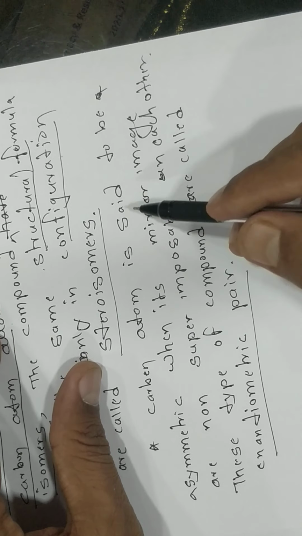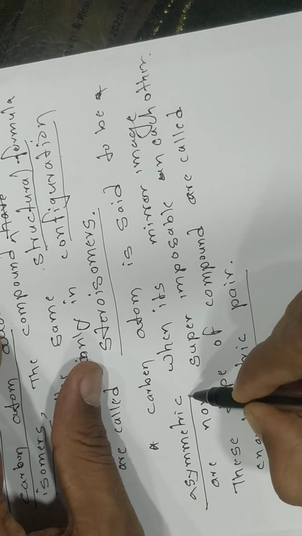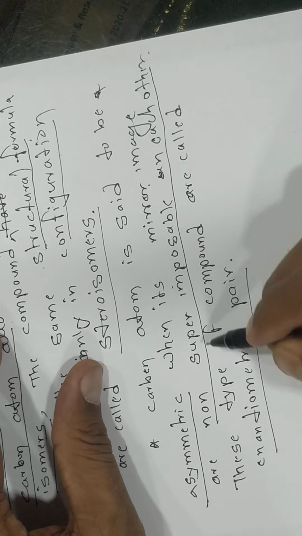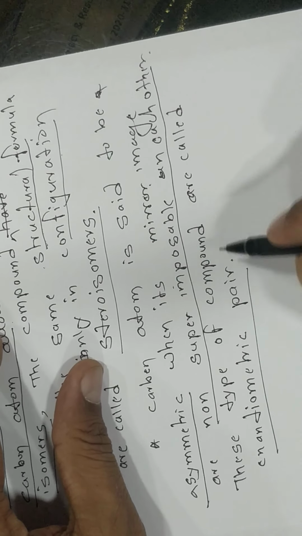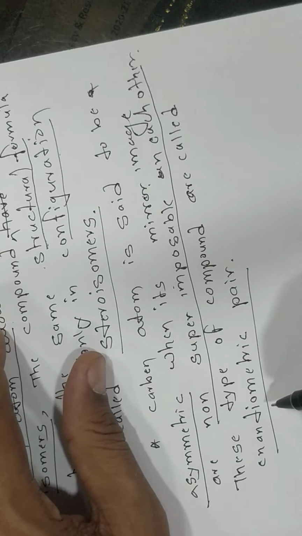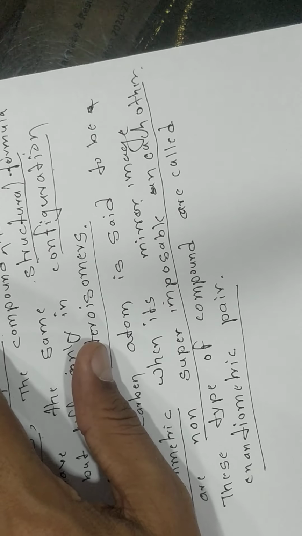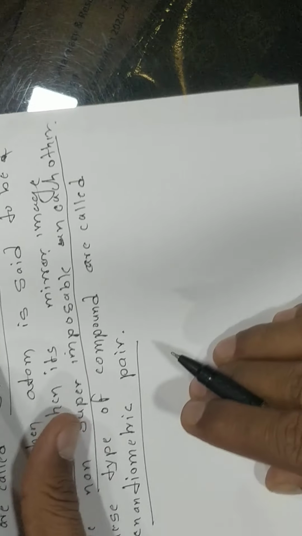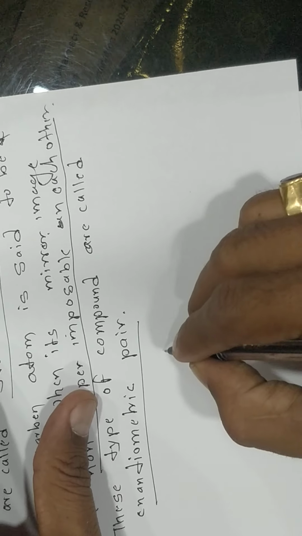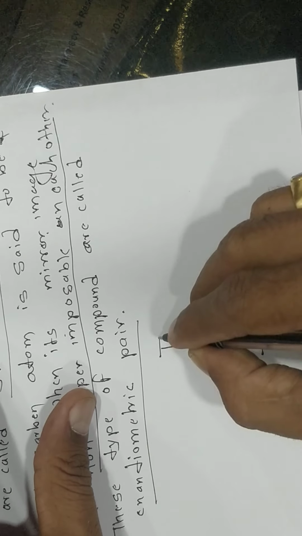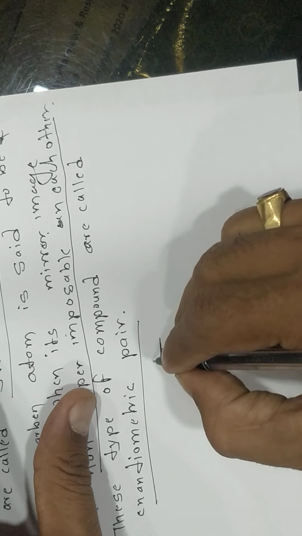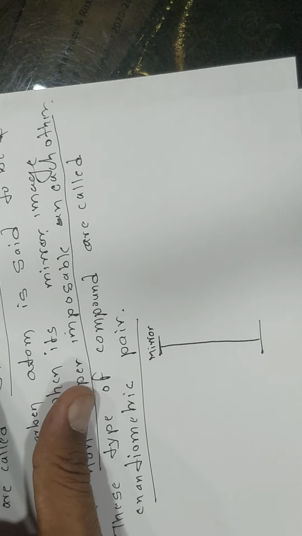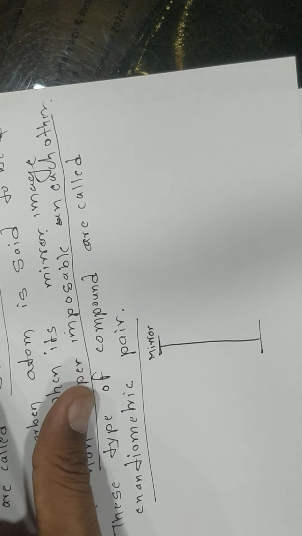A carbon atom is said to be asymmetric when its mirror image is non-superimposable to each other. This compound is called an enantiomer. See the mirror: when you stand in front of a mirror, you see yourself, your own figure, not a different one.